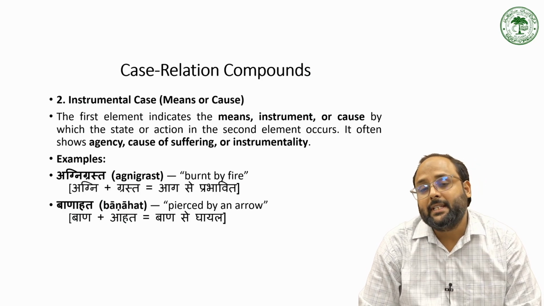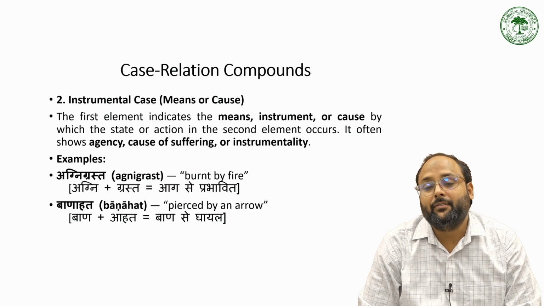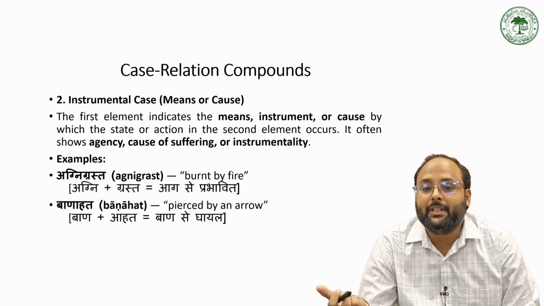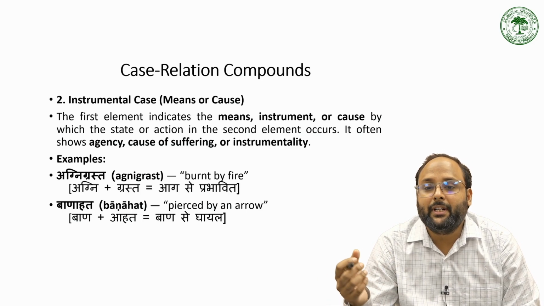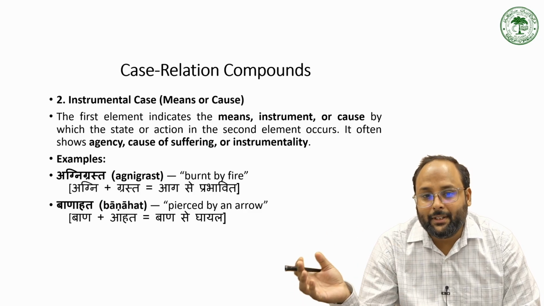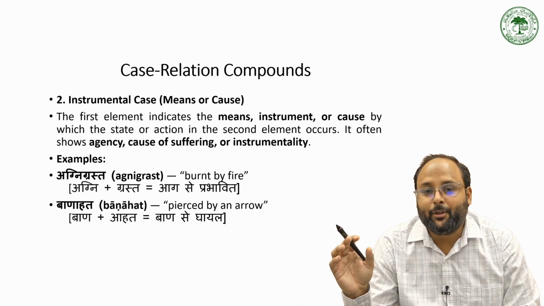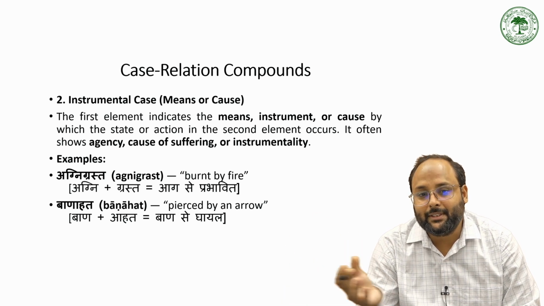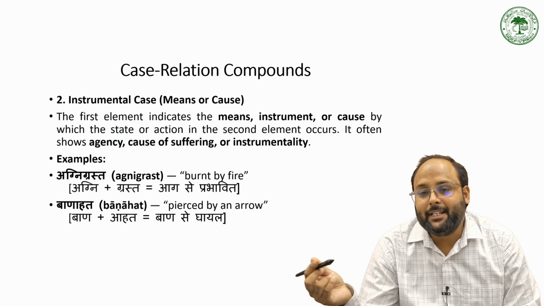So the first element determines the category of instrument or cause, and this comes from the action of the second element. The second element describes the state and action.